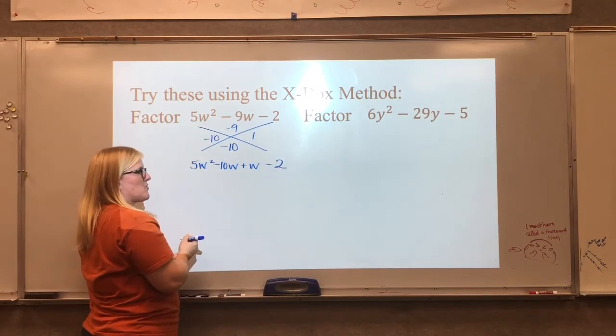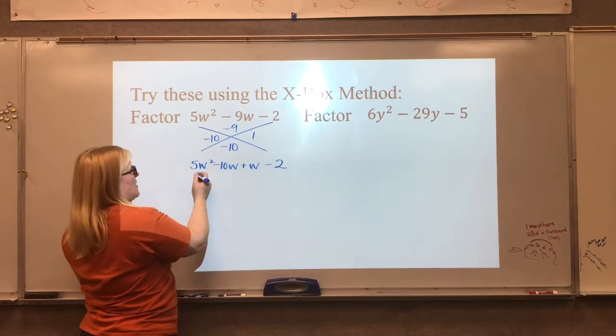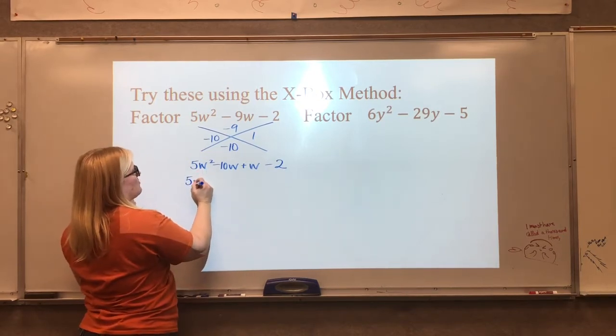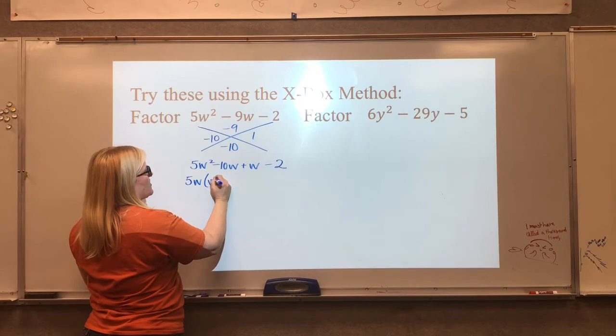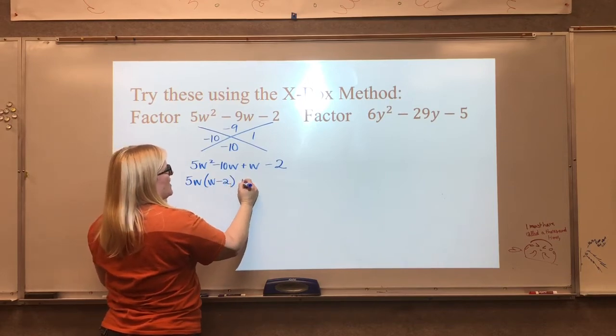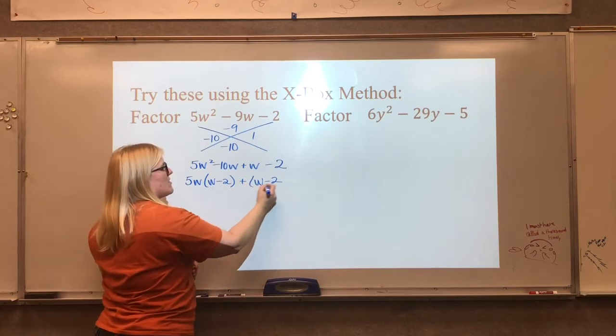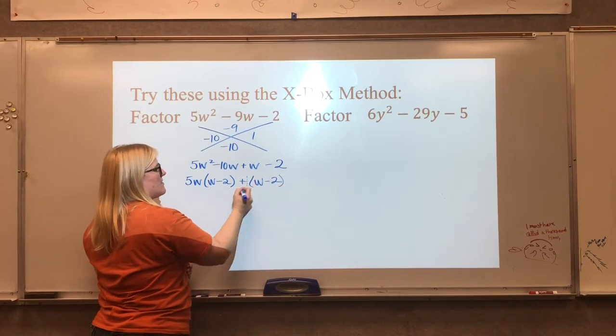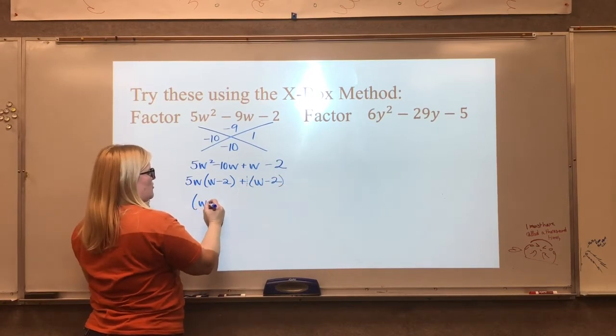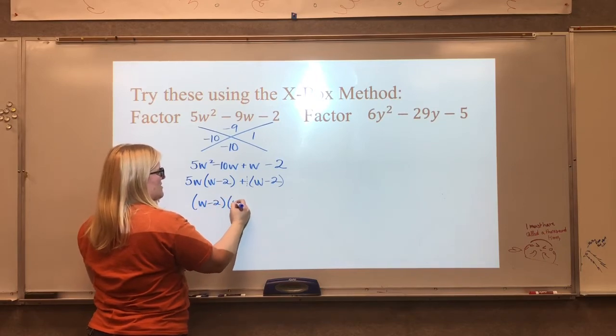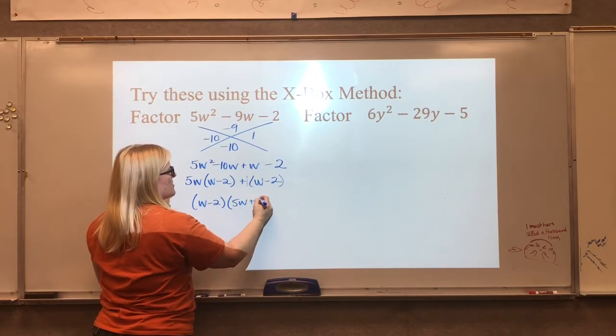Okay, and now I'm going to factor by grouping. So I can pull out a 5w from here, and I'm left with w minus 2, and then I have w minus 2 over here with my invisible 1. So I have w minus 2 times 5w plus 1.